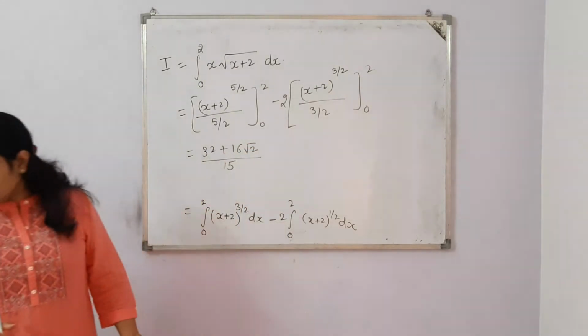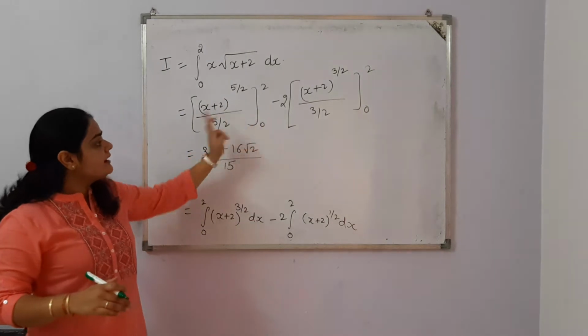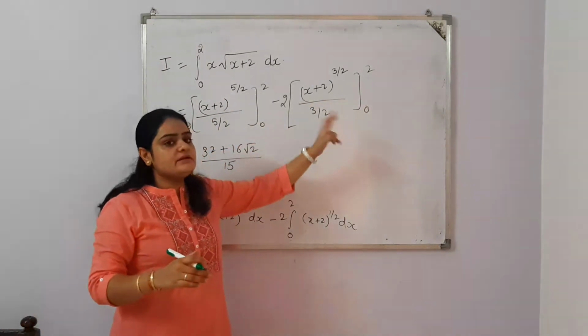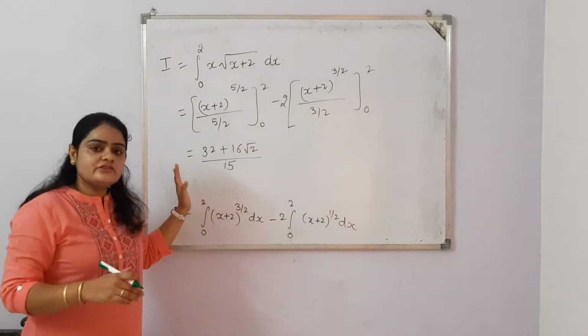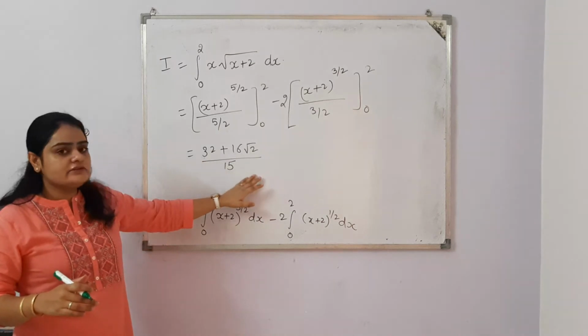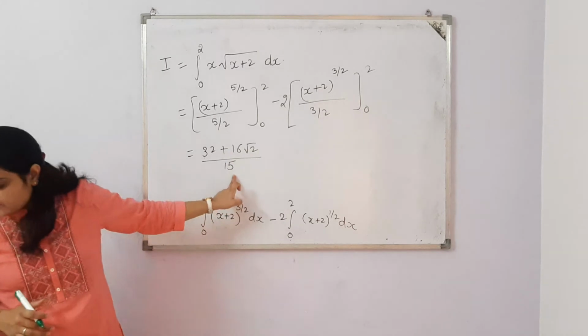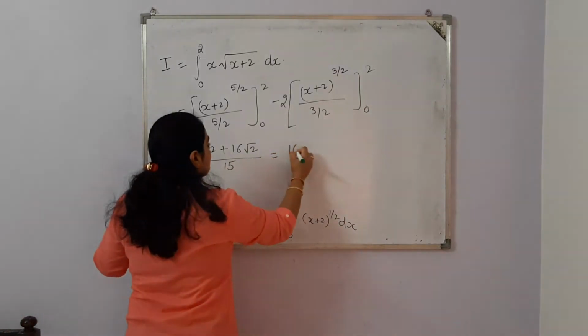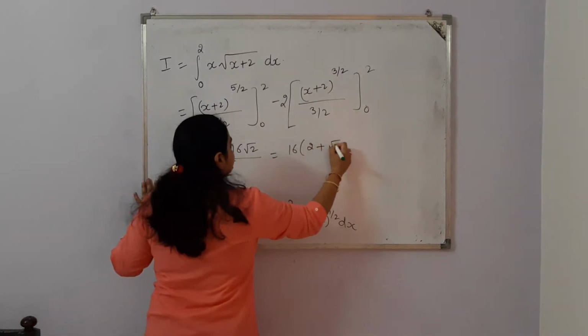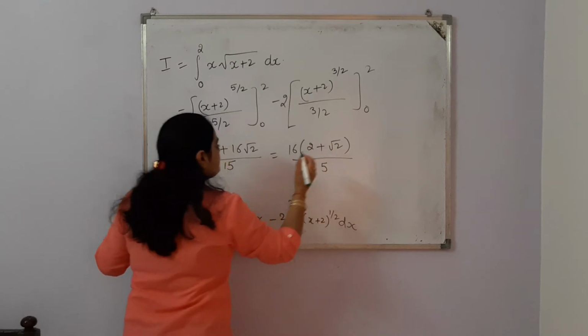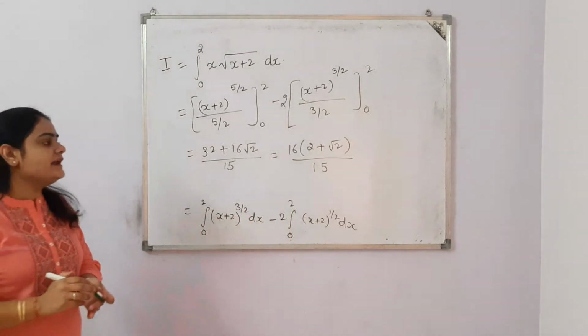You can substitute the limits, upper limit minus lower limit. Do the calculation on your own, and after calculation you will get 32 plus 16 under root 2 by 15, or you can take 16 as common: 16 into 2 plus root 2 by 15.